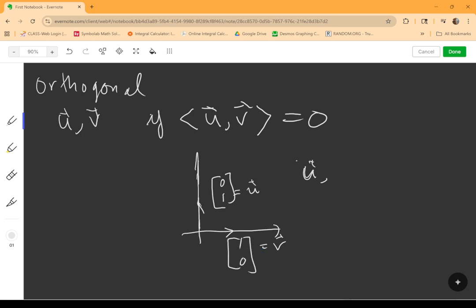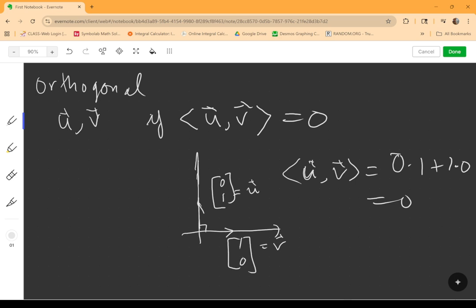So when I take the inner product of u and v, we get 0 times 1 plus 1 times 0, and we get 0. And we see here that we have the orthogonal or perpendicular sense. So that's what the geometry of orthogonality means.